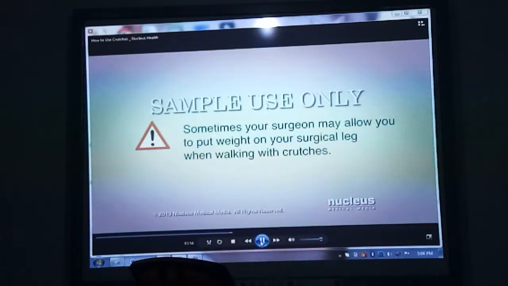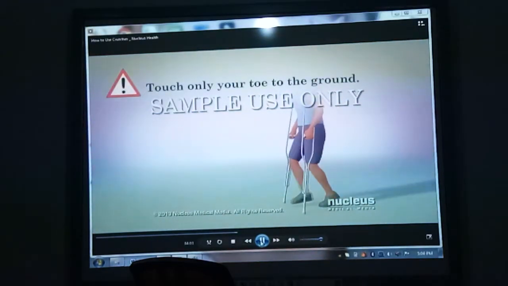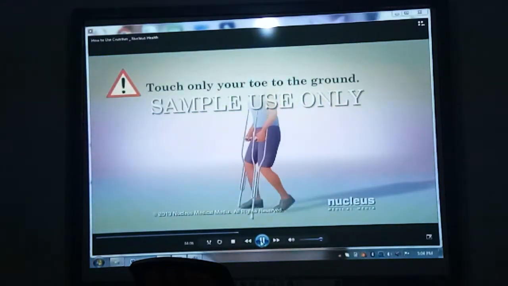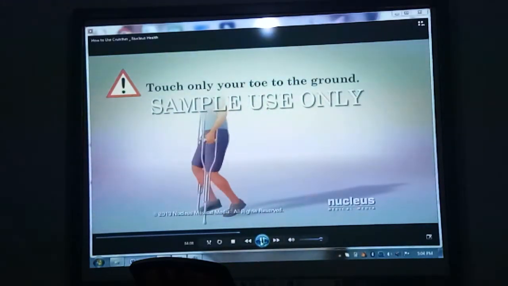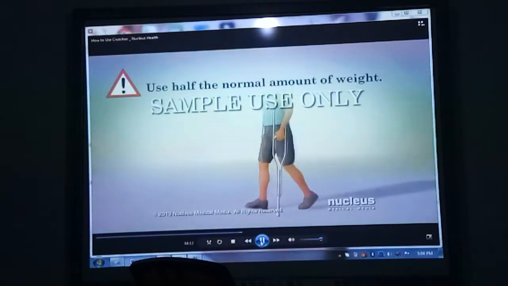Sometimes your surgeon may allow you to put weight on your surgical leg when walking with crutches. You may be instructed to touch only your toe to the ground for balance, but not put any weight on it. Put half of the weight that you normally do when you walk.